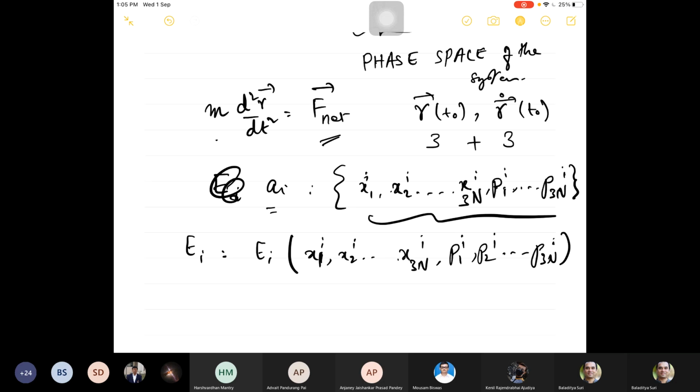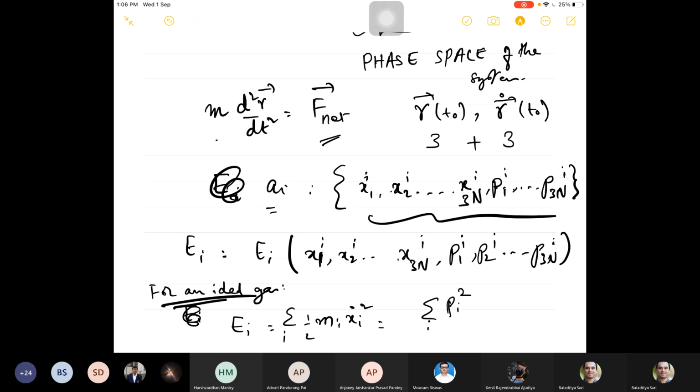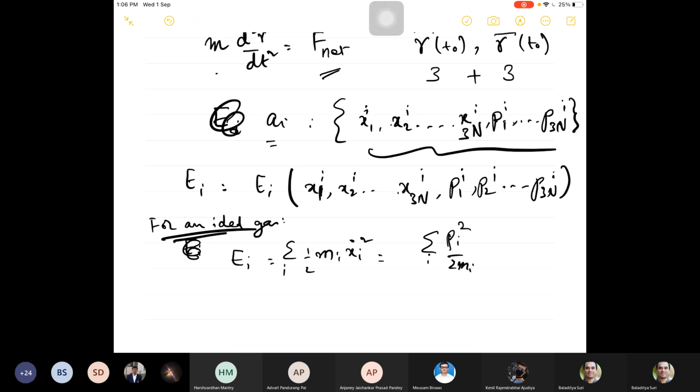For example, for an ideal gas, EI will be equal to the summation of half m_i x_i dot squared, which is p_i squared by 2m_i, where i goes from 1 to 3n.